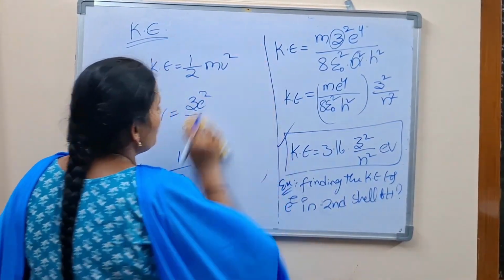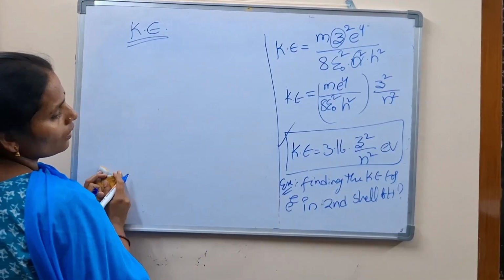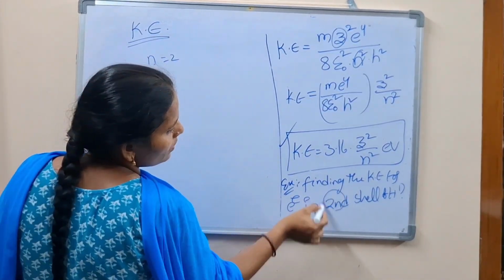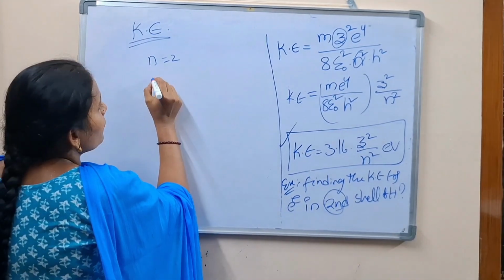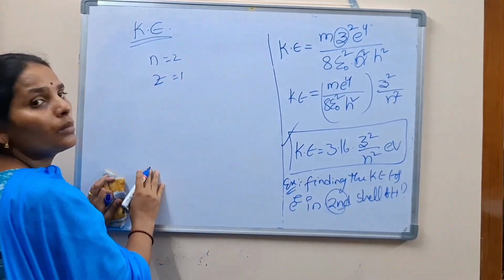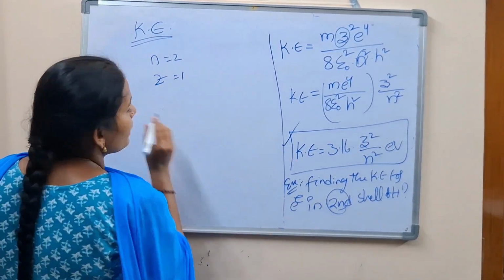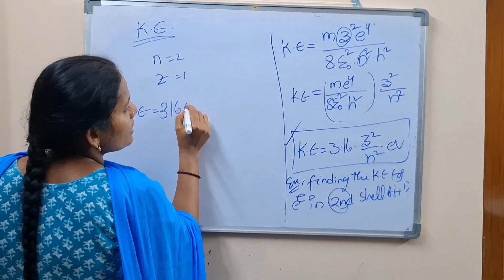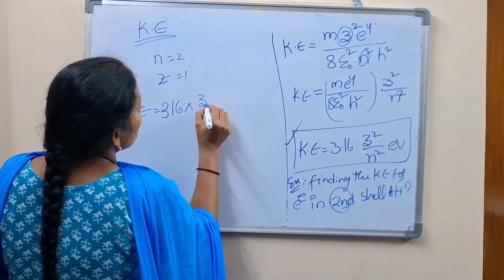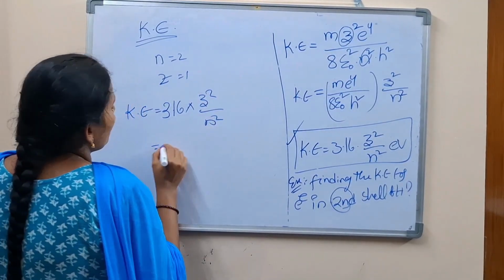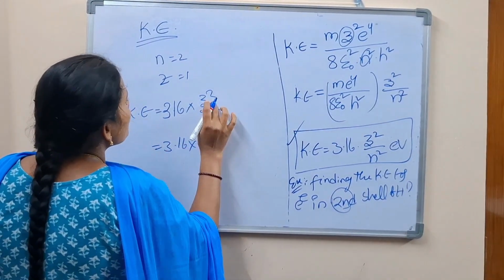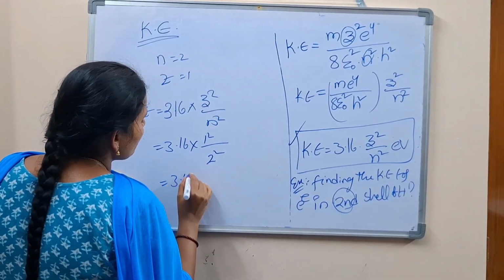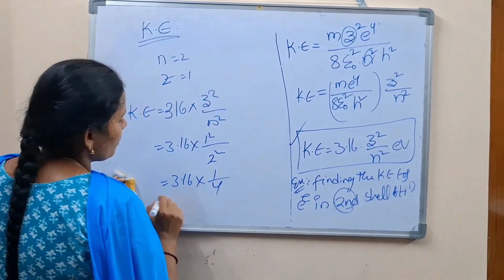Let's see how much it becomes. Here what is n? 2, because it is the second shell. For hydrogen, Z is 1, the atomic number is 1. Placing these two values, kinetic energy equals 3.16 into Z square by n square, that is 3.16 into 1 square by 2 square, equals 3.16 into 1 by 4.